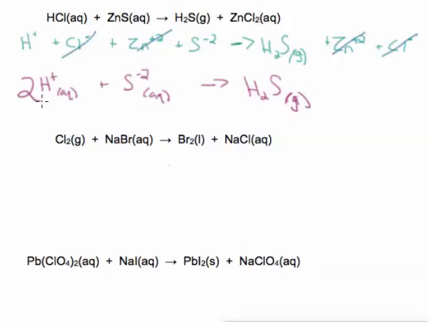Let's try another one. So for this example, we have a single replacement reaction, which we do see occasionally. When we break this out into the ions, we do not break up this chlorine because it's a gas, but the sodium bromide does get broken out.